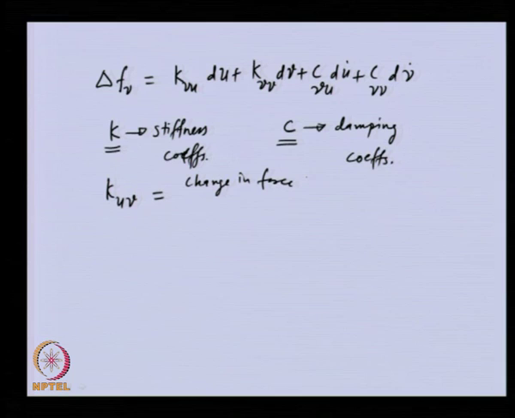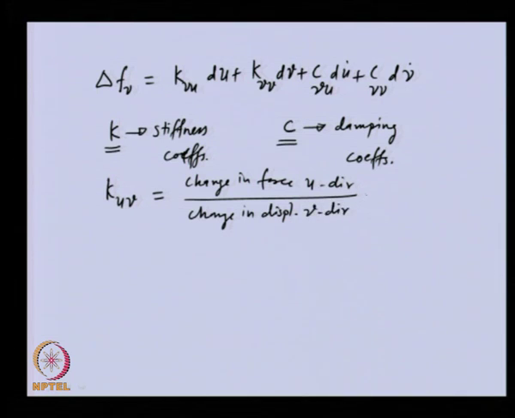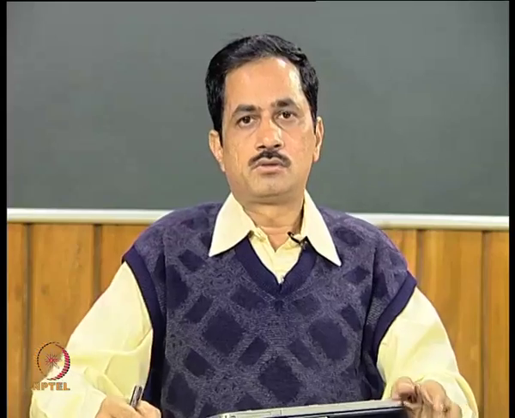If we take one particular coefficient, let us say k uv, this is representing the change in fluid film force in u direction divided by the change in displacement in the v direction, because I have taken the different subscript. So, for this particular stiffness, k uv, we are taking the force direction u, the change in the force in u, and the displacement in the v direction.